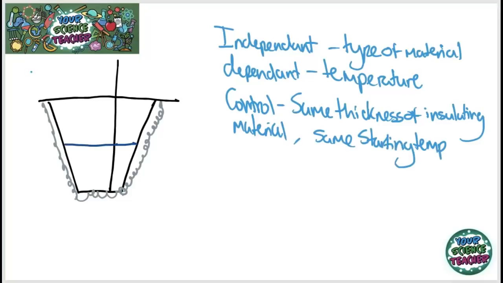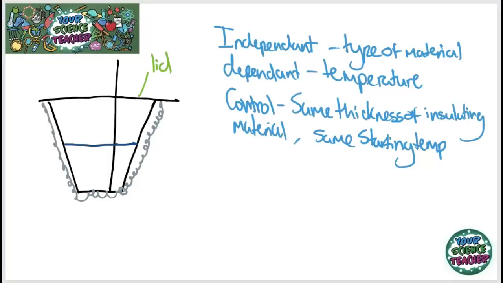And there's also things in the practical to make sure that you have accurate results. For example, here you can see that I've added a lid onto the top to make sure that no heat exits and no extra heat enters our system.